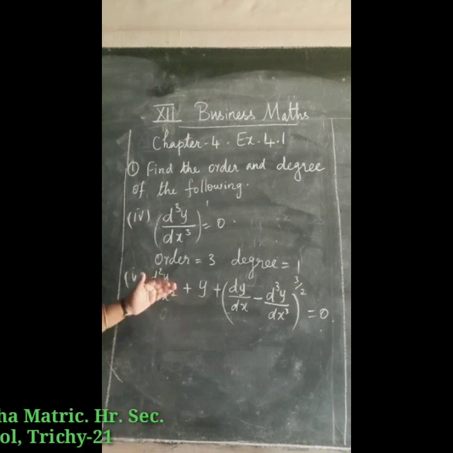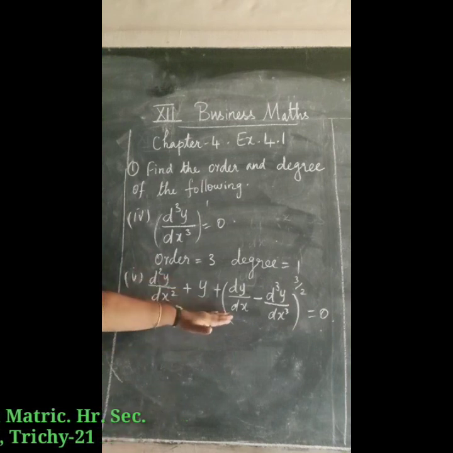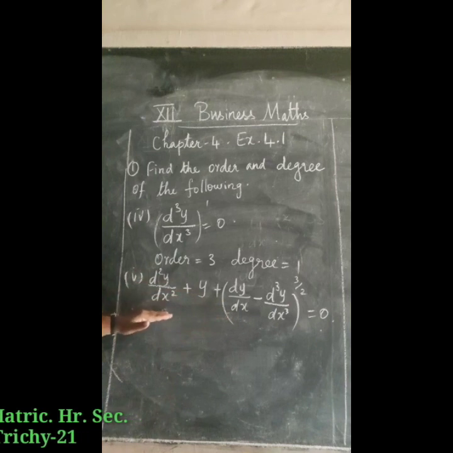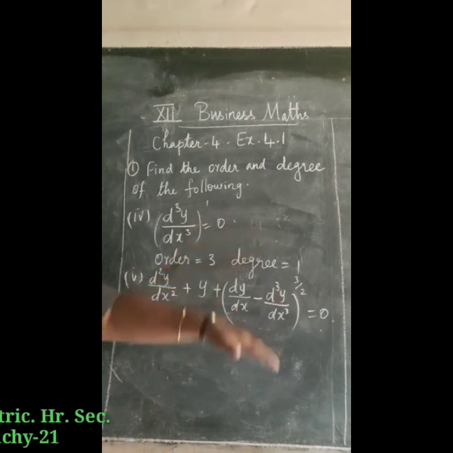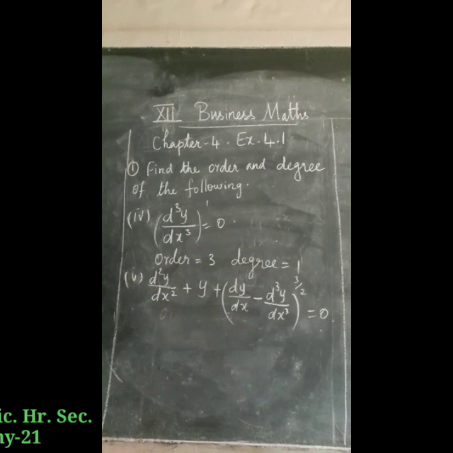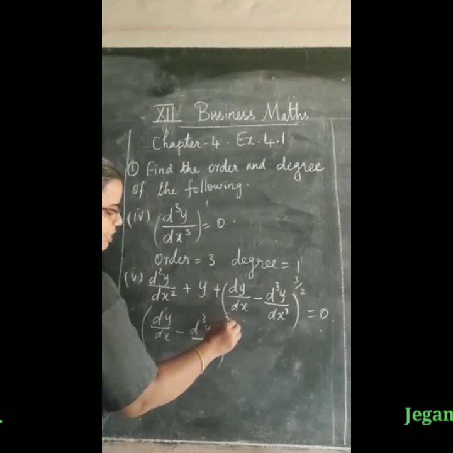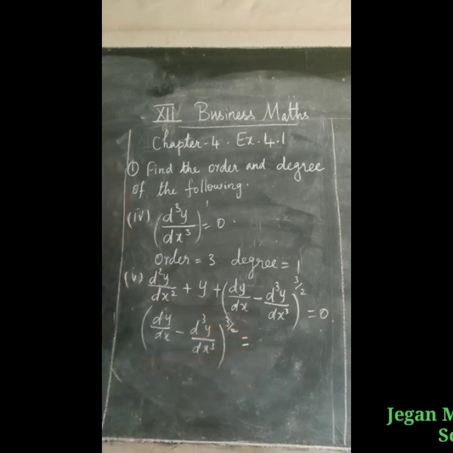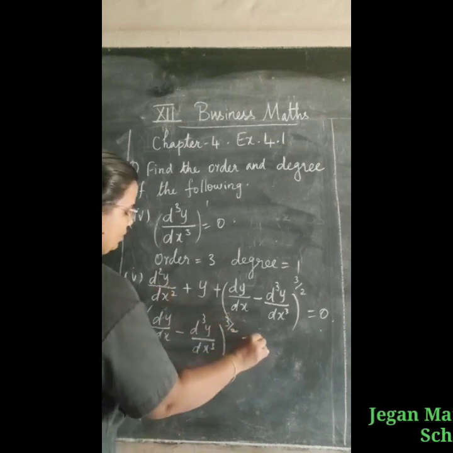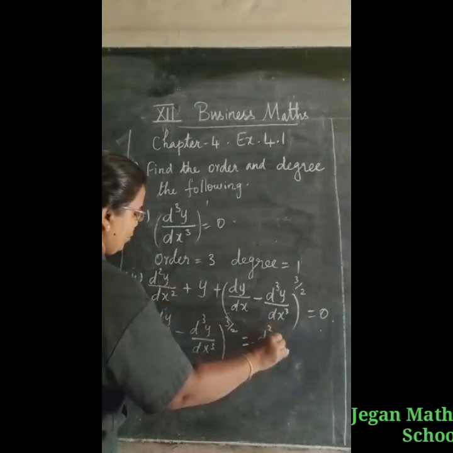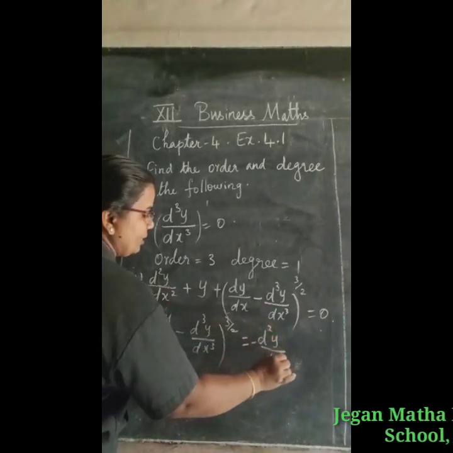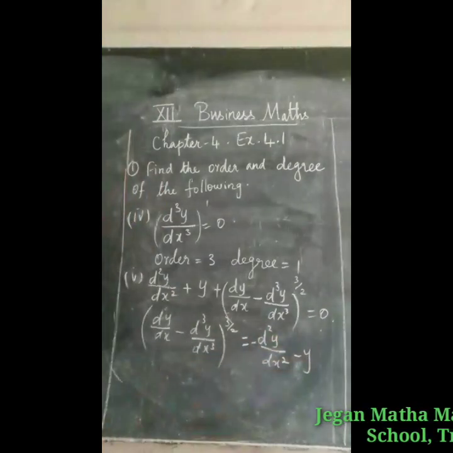So, you have to take this one, and d squared y by dx squared plus y goes to the right hand side. We will get dy by dx minus d cube y by dx cube the whole power 3 by 2 is equal to minus d squared y by dx squared minus y.